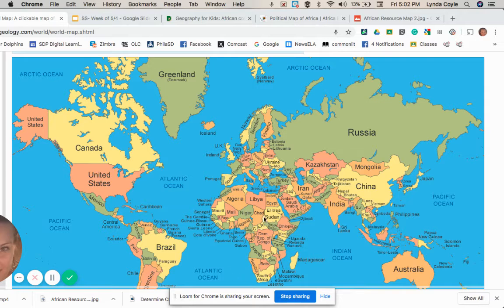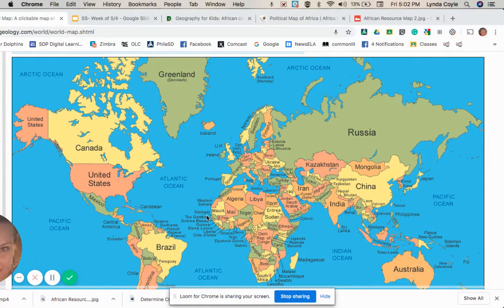Then we have Africa right here. Here is Europe. Then we studied the Middle East already. Here's the Middle East, this is East, and down here is Australia. In the very middle of our map here is Africa.